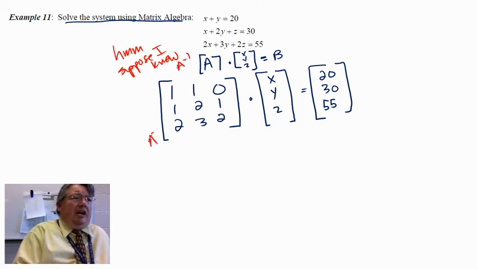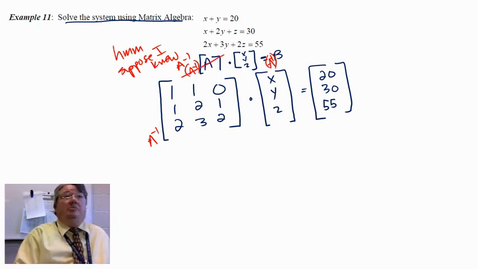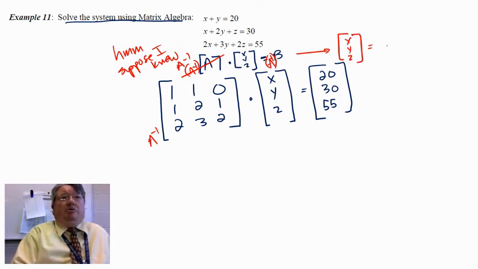Well, then I could multiply A inverse times each side. I could multiply A inverse here, and I could multiply A inverse here. What happens there is this cancels and makes an identity. And all I have is that X, Y, Z, this matrix, is equal to A inverse times this matrix B.